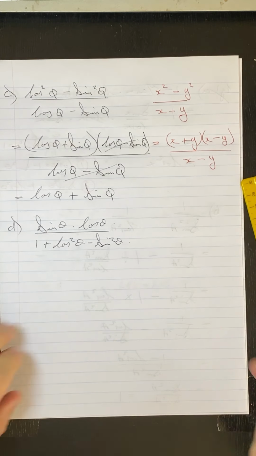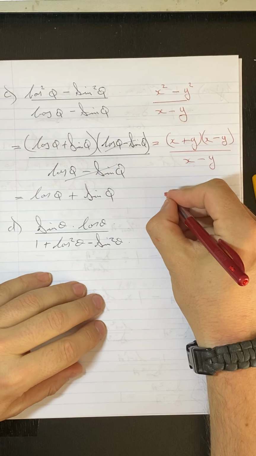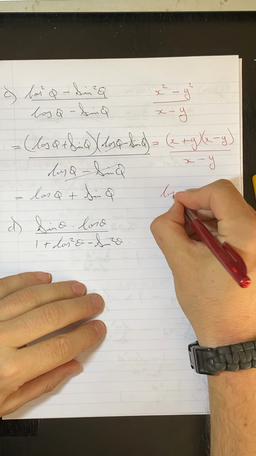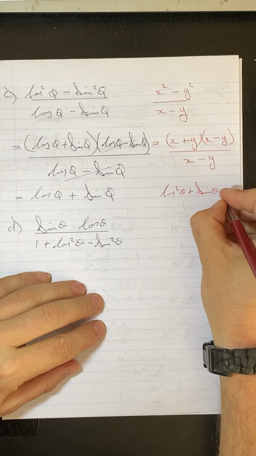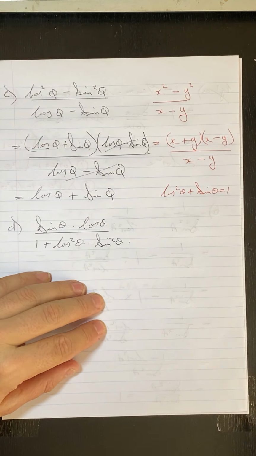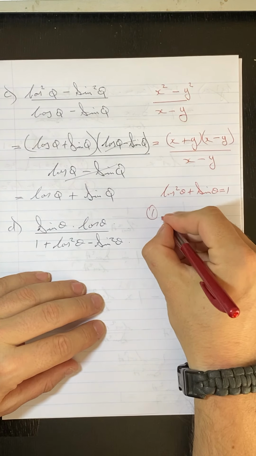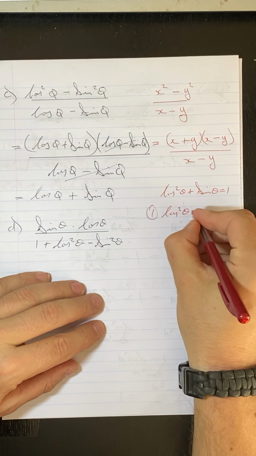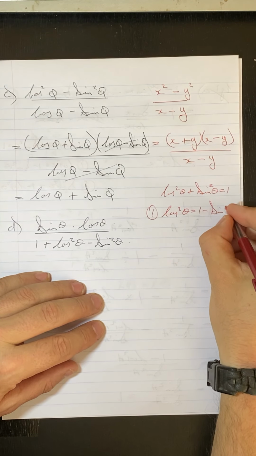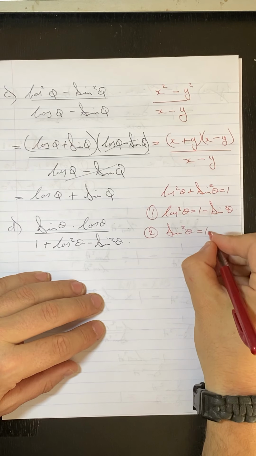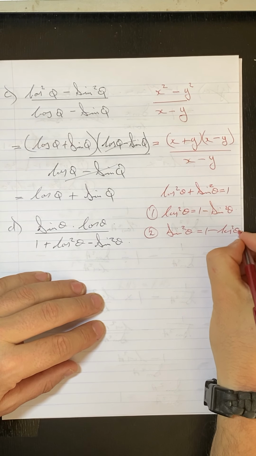Now, you remember from the previous page, we had cos squared theta plus sine squared theta equals 1. And then from that, I could get two other ones. I could get cos squared theta is equal to 1 minus sine squared theta. And the other one was sine squared theta is equal to 1 minus cos squared theta.